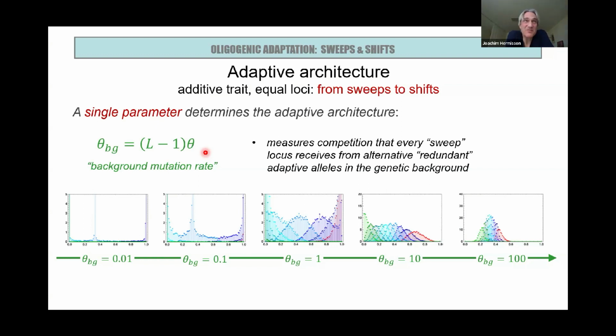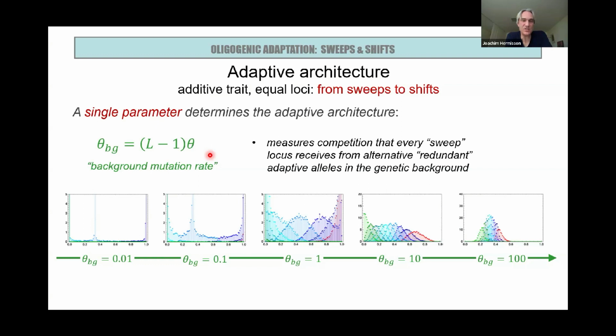But if our one focal locus is not the only one, but there are other loci that could do the same thing and solve the same task for us, then this matters for our focal locus because it now gets competition from these other loci.